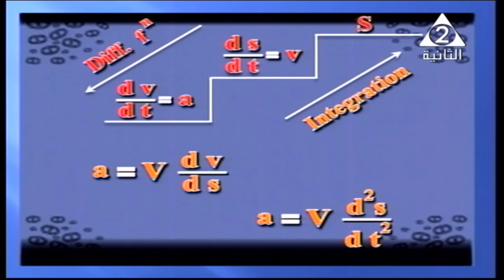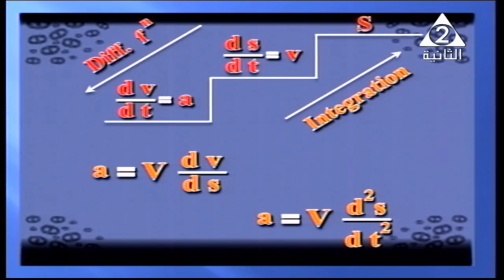What do you mean by d2s? The higher derivative or second derivative of displacement with respect to time t. The first derivative of s with respect to time t is velocity, but dv over ds equals d2s over dt square. Multiply by v, this is called acceleration.